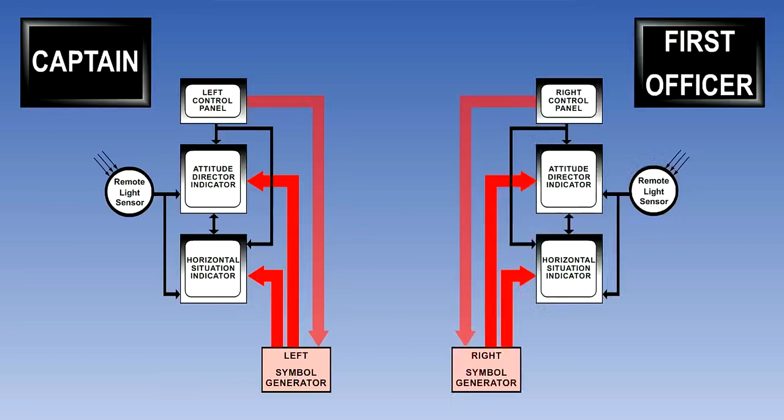A complete EFIS installation is made up of two individual systems, one for the captain and one for the first officer. In the diagrammatic layout here, we can see that each system contains an ADI, which is the preferred Boeing term. Airbus call it a primary flight display or PFD.